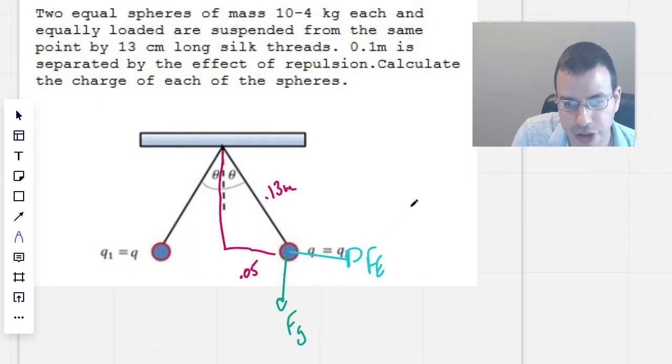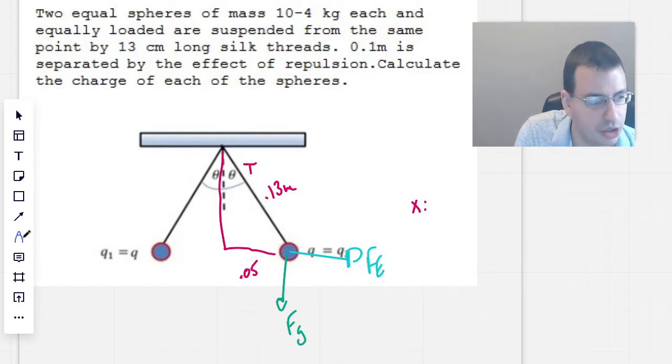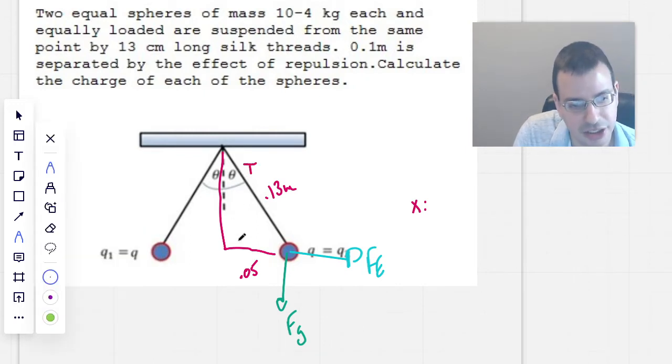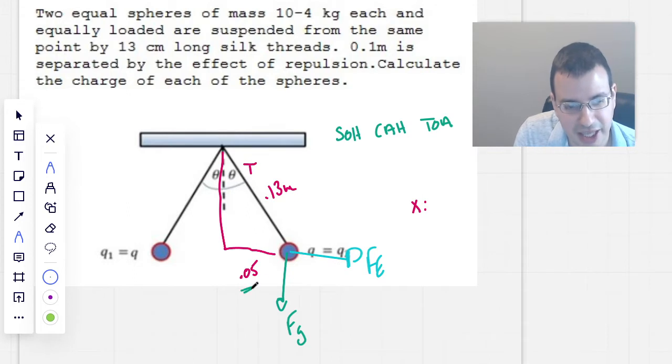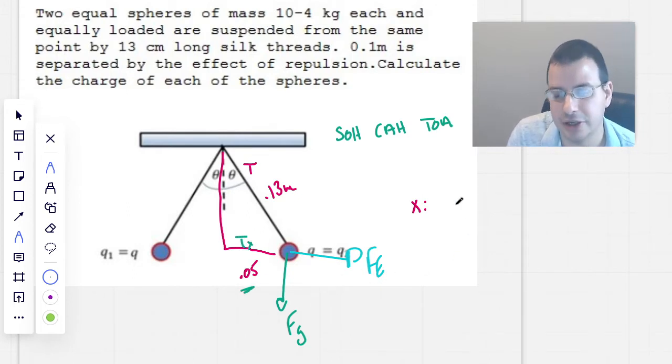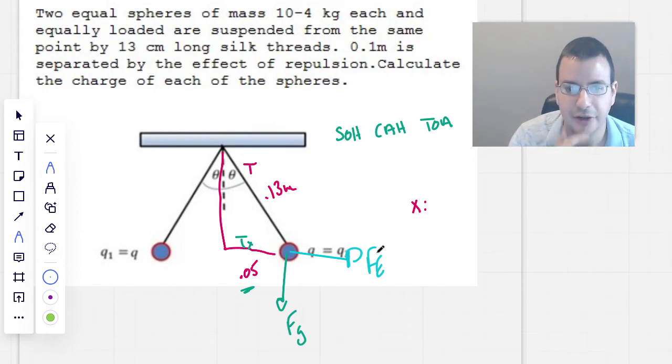Okay, so we're going to start with the x direction. If this is tension, we can say that, and we'll do SOHCAHTOA. So we know that tension in the x direction, tension x, is going to be equal to the force electric.